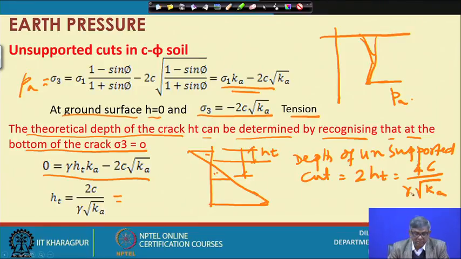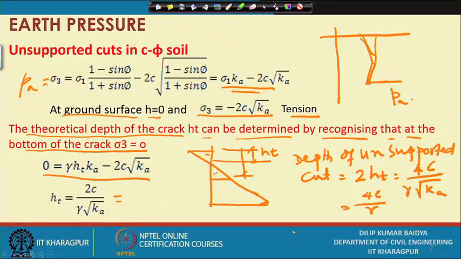Okay. And if it is purely cohesive soil, then this unsupported cut will be 4 C by gamma. You can see now, if the C value of a soil is 100 kPa, then 4 C by gamma is 4 into 100 divided by gamma, suppose 18 kilonewton per meter cube, or for simplicity I take 20.